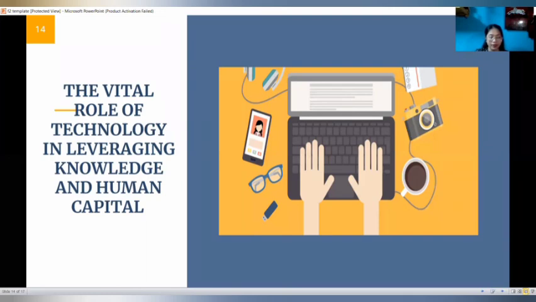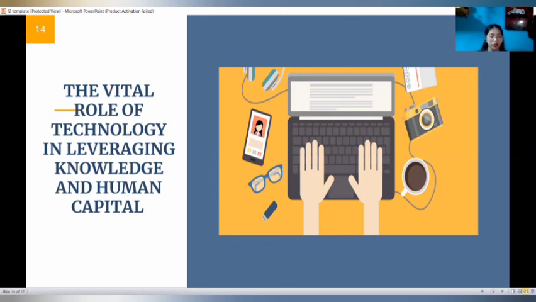The next topic is the vital role of technology in leveraging knowledge and human capital. Sharing knowledge and information throughout the organization can be a means of conserving resources, developing products and services, and creating new opportunities.